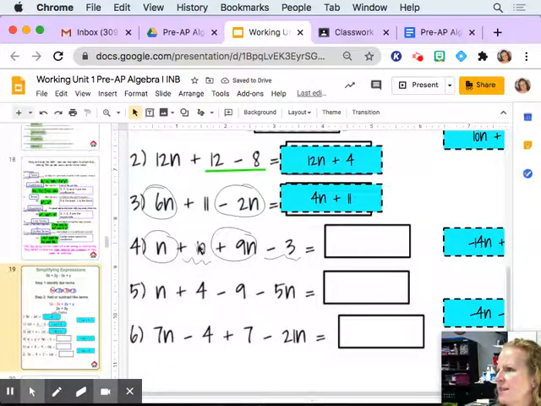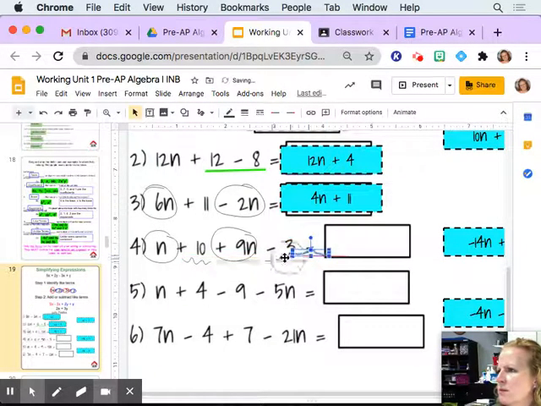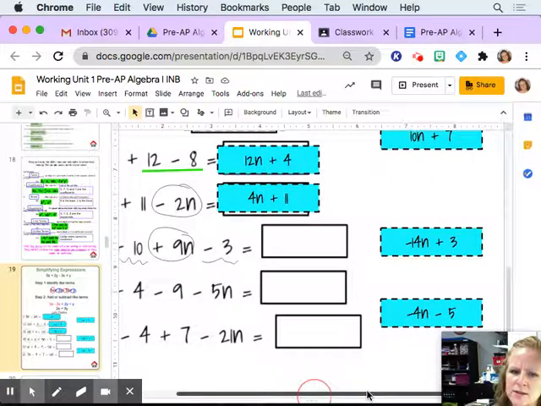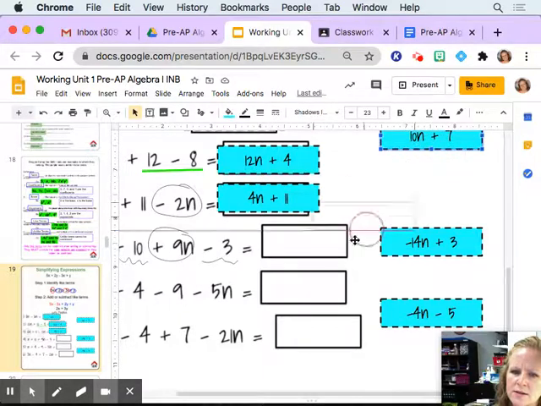So then I have 10 minus 3. So n plus 9n is 10n, and then 10 minus 3 is 7. So 10n plus 7.